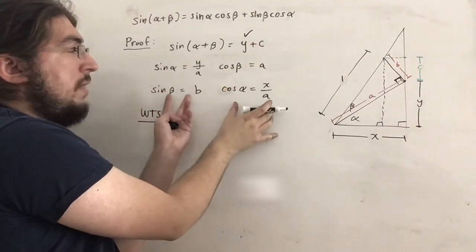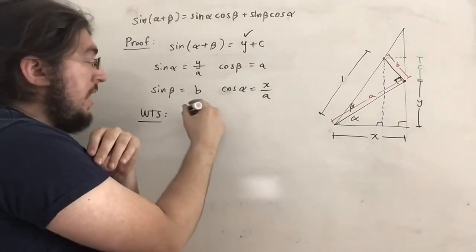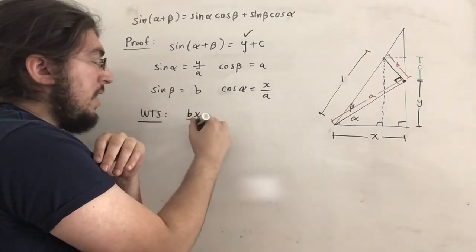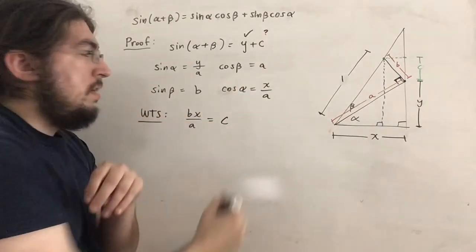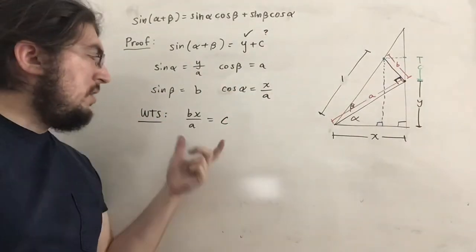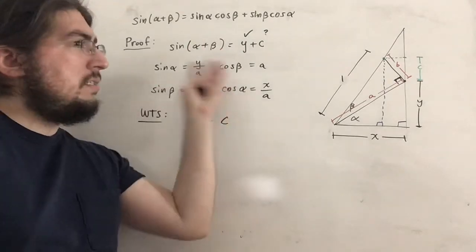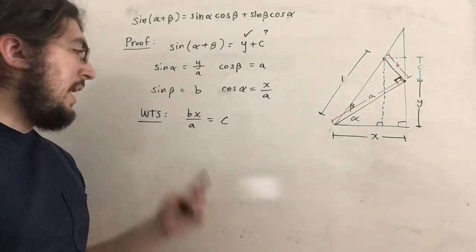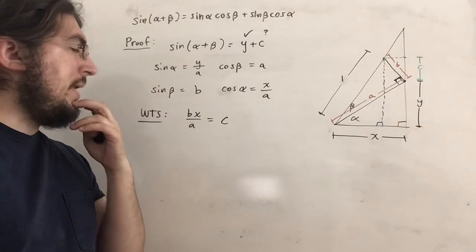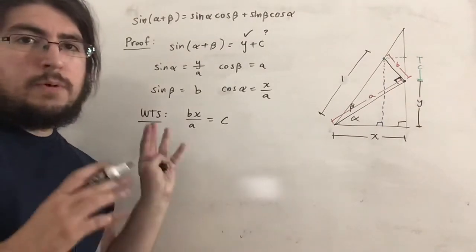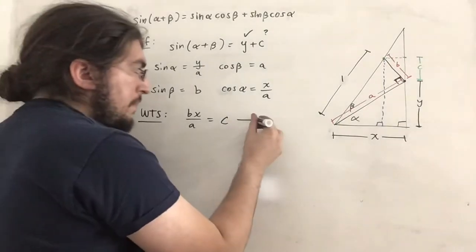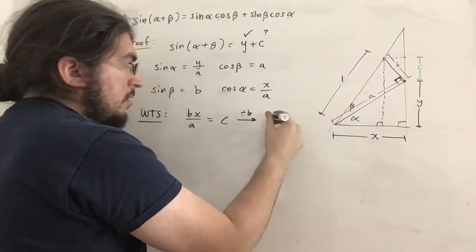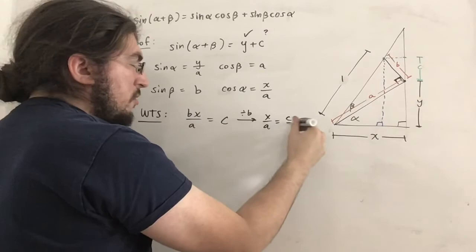These two will multiply to b times x over a. So let me write bx over a, and that should be equal to c. That's like the second term. So this is basically what this is trying to tell us. Can we make this happen? And what I'm going to show you is actually, if you divide both sides by b, you'll get x over a is equal to c over b.